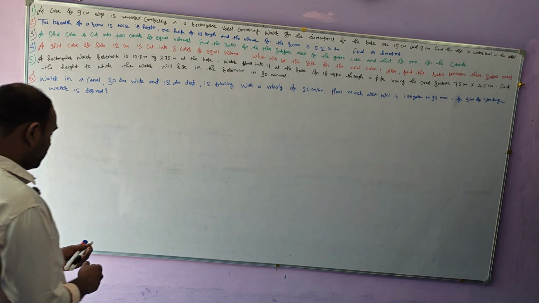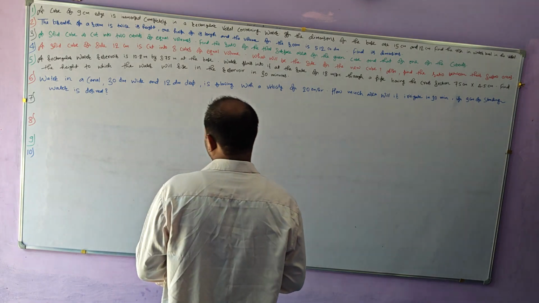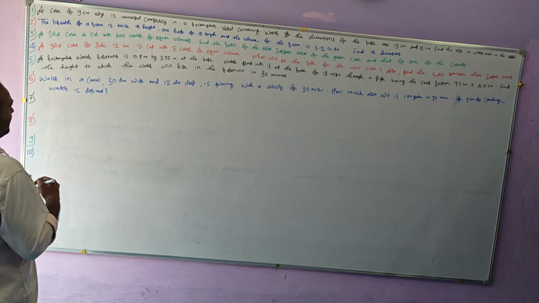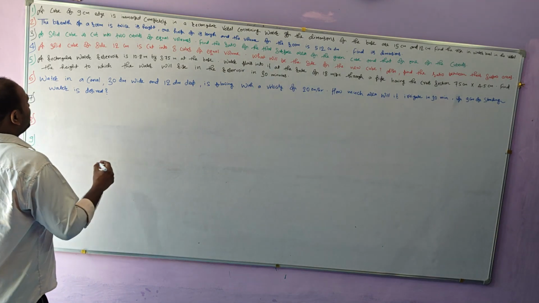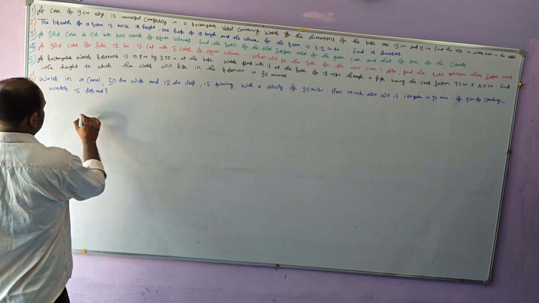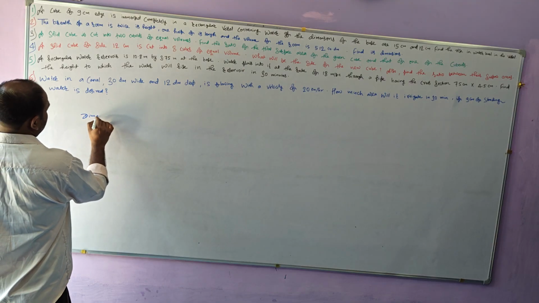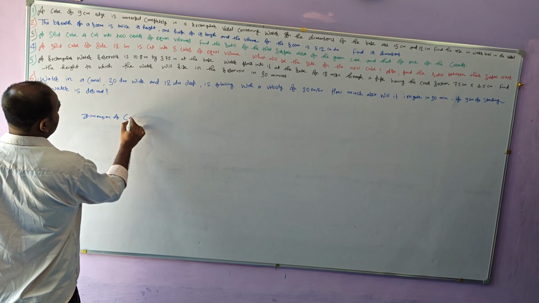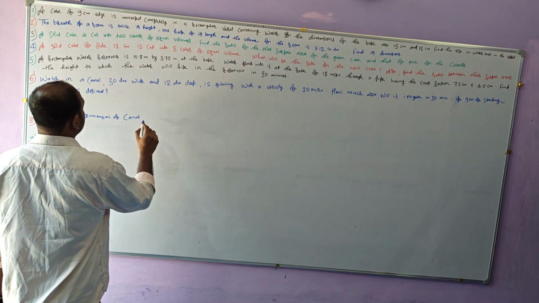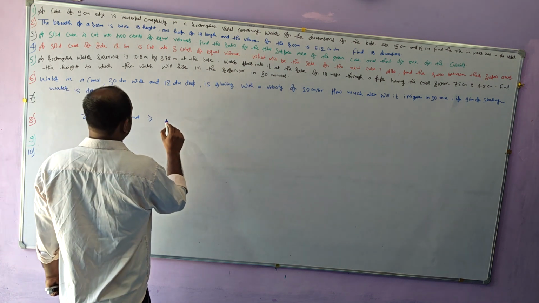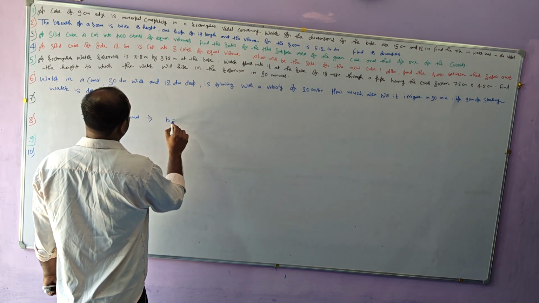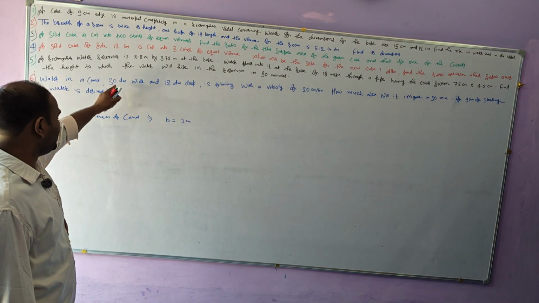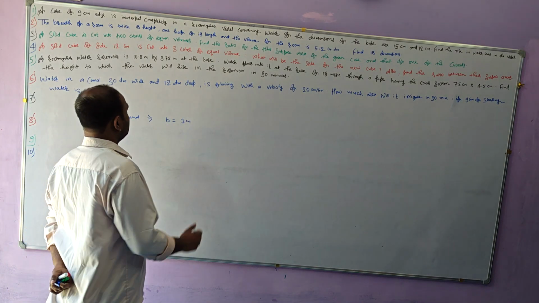So, water in a canal 30 decameter wide. That means we have the dimension of the canal, B is equal to 3 meter. When we convert it into meter, 30 upon 10, that becomes 3 meter.